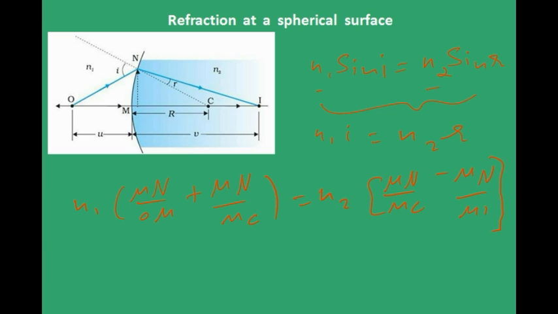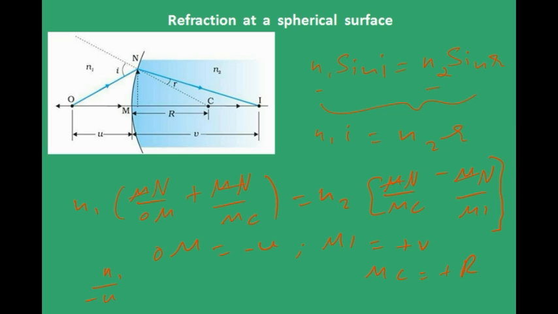Now what happens? MN gets cancelled in all these four terms. So OM is nothing but my object distance, that is minus u because it is towards the left, right, and MI is plus v, that is the image distance, and MC is the radius of curvature plus r. So I'll substitute these terms in the above equation.